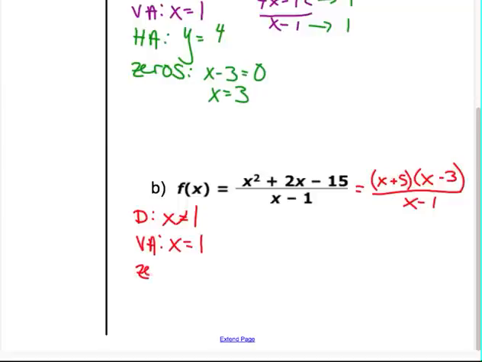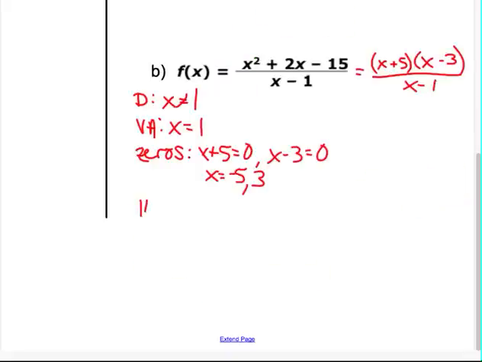The zeros of the function are where the numerator is equal to 0. So I set x plus 5 equal to 0 and x minus 3 equal to 0. So the zeros of my function are negative 5 and positive 3. And then finally checking for horizontal asymptotes. So we look at the degree of the function. Looking at my original function, the highest power in my numerator is 2.